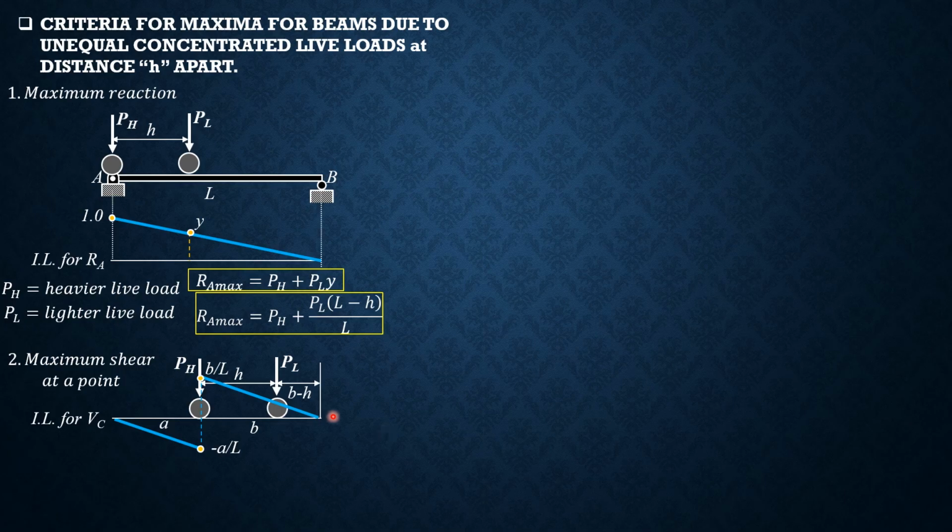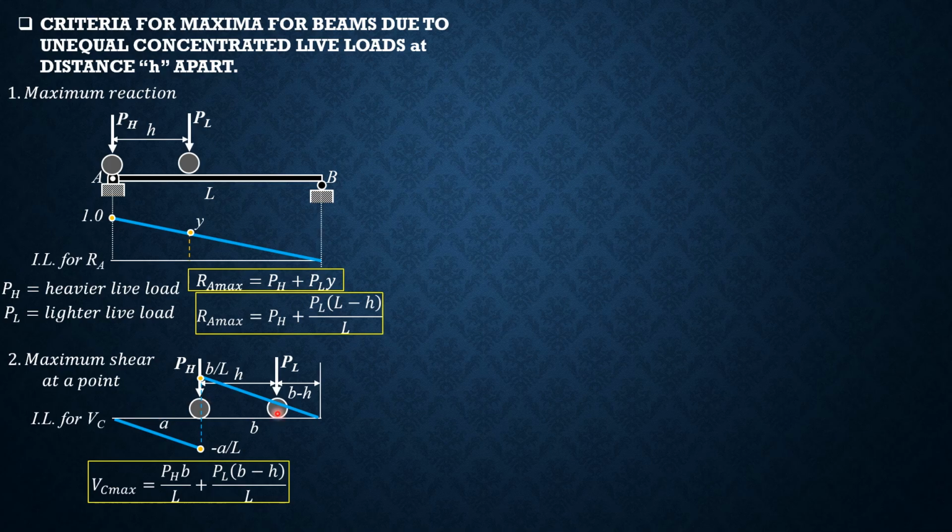So for this case, this is B minus H, so therefore V sub C max is PH times B over L plus PL times the ordinate here, which is B minus H as to, if we extend this, this is B definitely as to L. So V sub C max equals PH times B over L plus PL times (B minus H) over L. I want you to derive the ordinate here and show that it is (B minus H) over L. Or the other way, V sub C max is equal to RA.